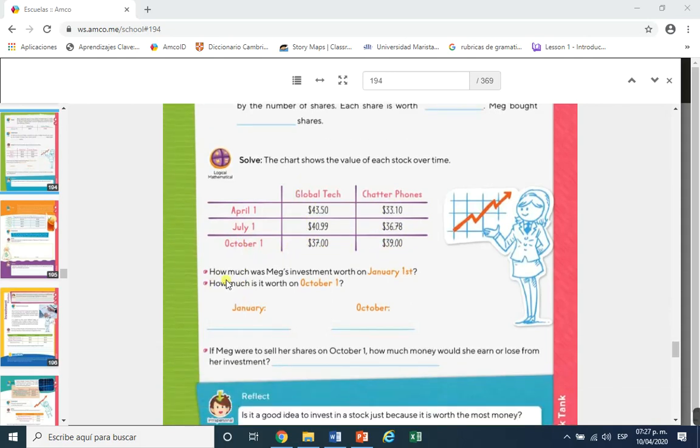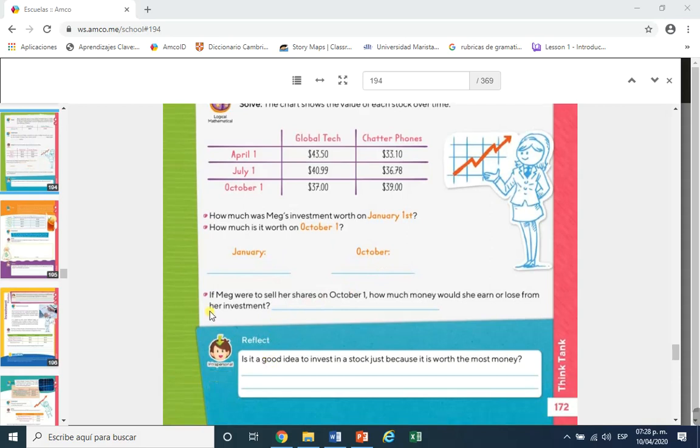Now the questions are, how much was Meg's investment worth on January 1st? And how much is it worth on October 1st? So you have to write here how much was Meg's investment in January and how much was Meg's investment in October. Then you have to answer this. If Meg were to sell her shares on October 1st, how much money would she earn or lose from her investment?